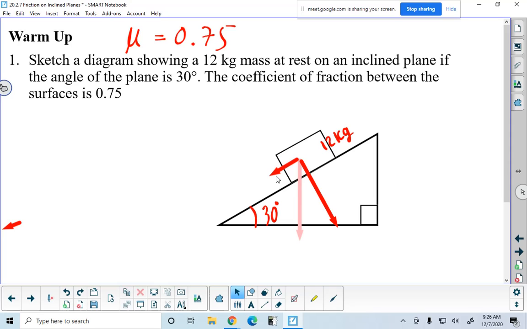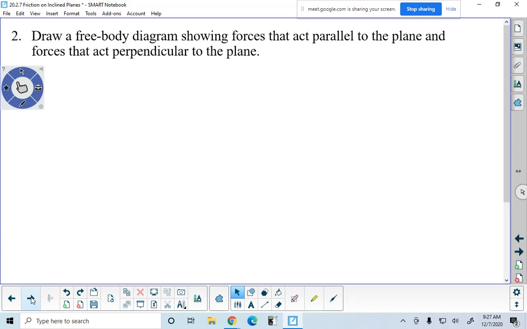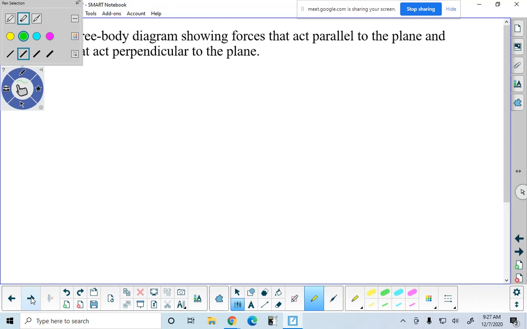And those two forces that I've drawn, if you were to draw them tip to tail, those two forces, the force of gravity pushing against the ramp and the force of gravity pulling along the ramp, when you add them together, you get the force of gravity. So we are not asked to draw a true free body diagram. We're asked to draw a free body diagram showing the forces that act parallel to the plane and perpendicular to the plane.